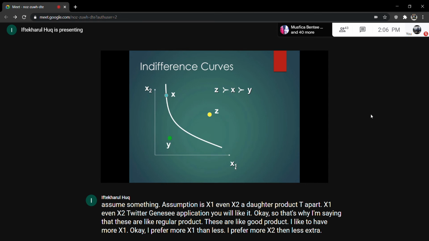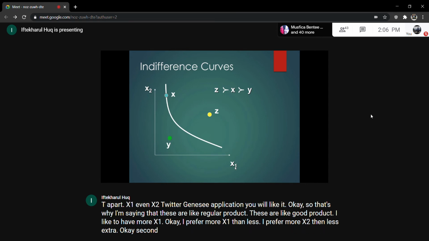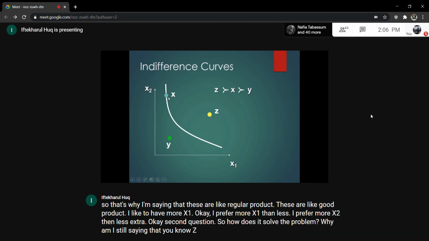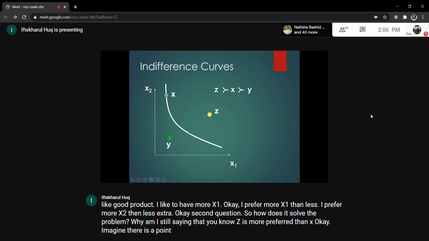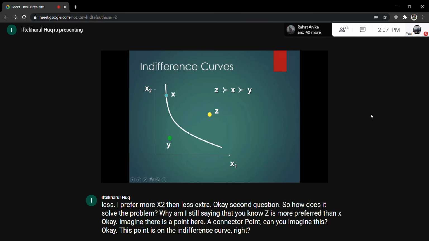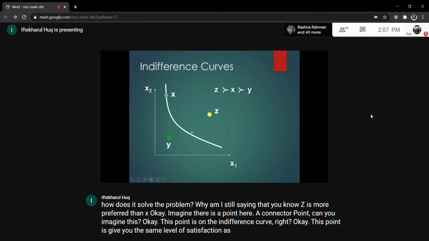Now the question is, how does it solve the problem? Why am I still saying that Z is more preferred than x? Imagine there is a point here. This point is on the indifference curve, right? This point gives you the same level of satisfaction as which other point?